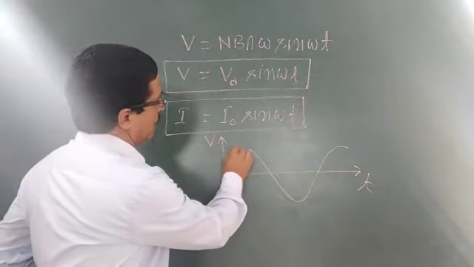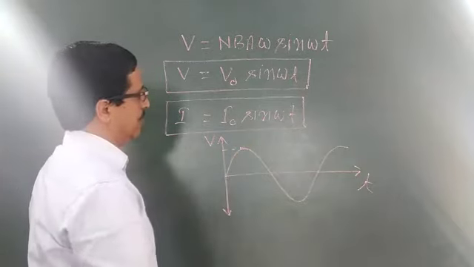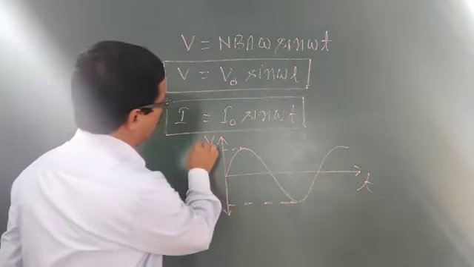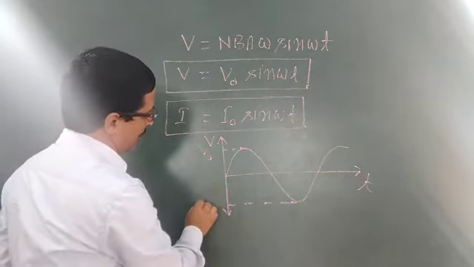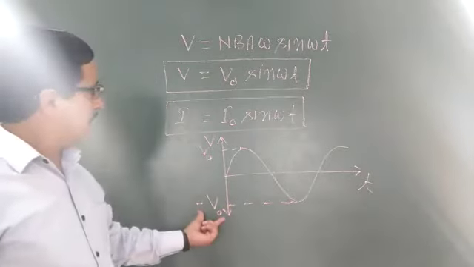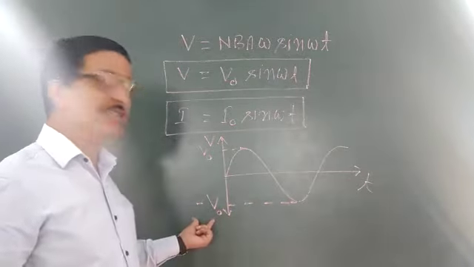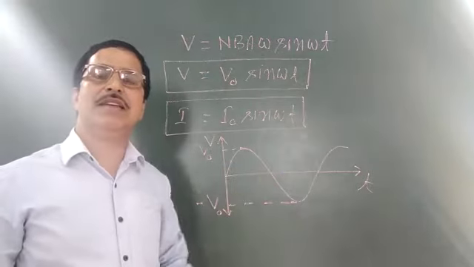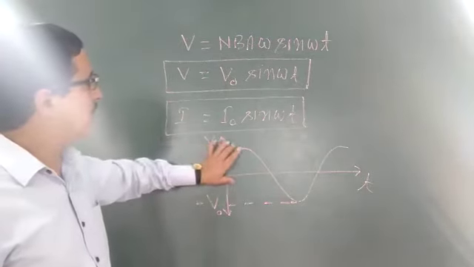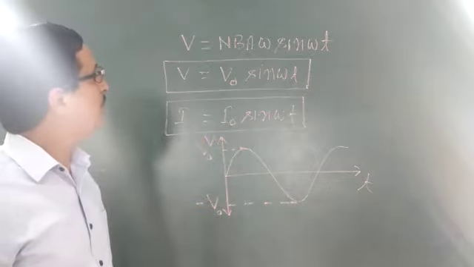This value, which is the amplitude, is called the peak value of the voltage and is denoted by V0. On this side, this is minus V0 because the direction has reversed. So we may call it minus V0, and on this side it is V0.